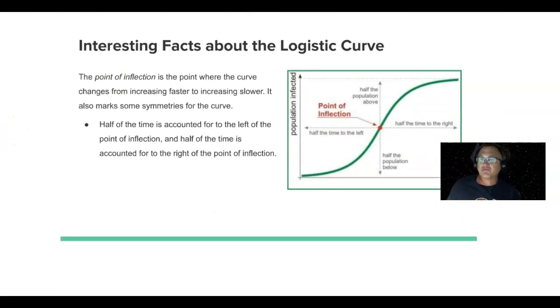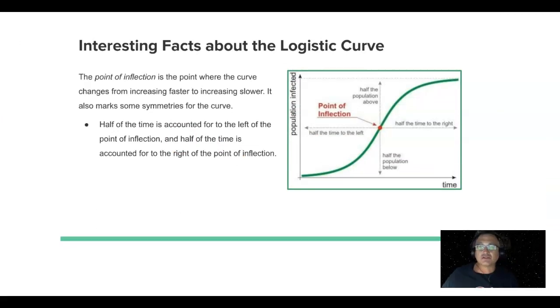Now, some interesting facts about a logistic curve. When a curve is changing from exponential and then it starts to become logarithmic, so the combination of those two is logistic, the point where that happens is called the point of inflection.